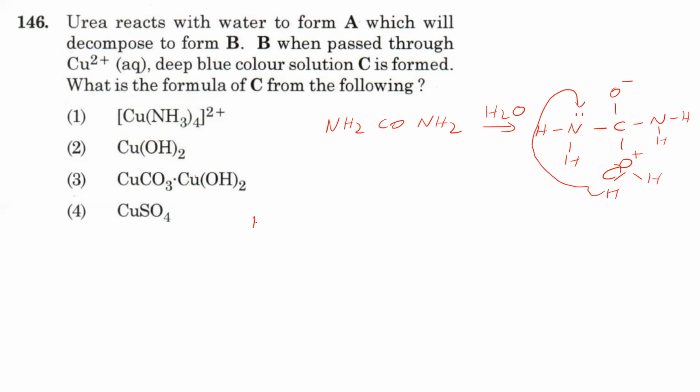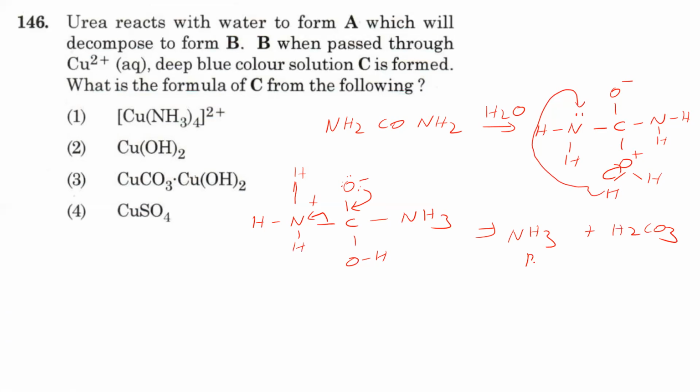So we will get NH3 plus COH. It is also becoming NH3 plus. Later we will see regarding that. Now this lone pair is becoming pi bond. This is shifting, so that like this also. So we will get NH3 and H2CO3. So this NH3 is the B.